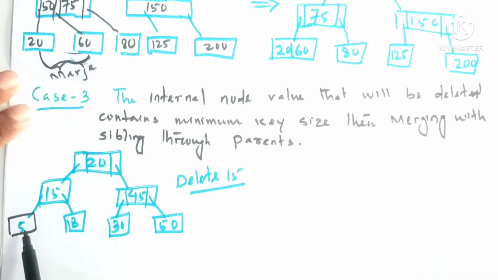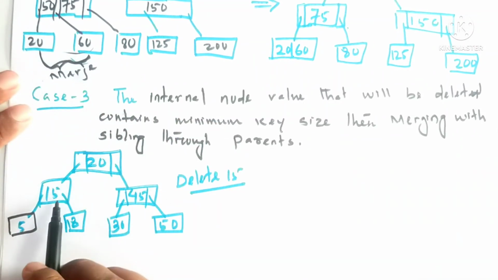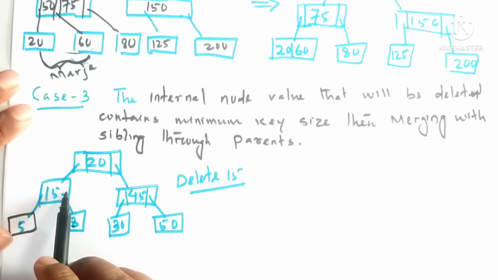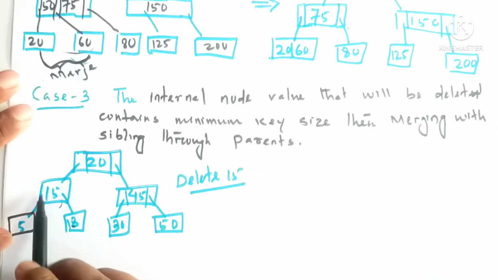But here the problem is different. Here the internal node that you are going to delete contains only one value. So I cannot go for merging of 5 and 18. If you merge them, there is no parent node value left, because the parent information will be deleted completely.